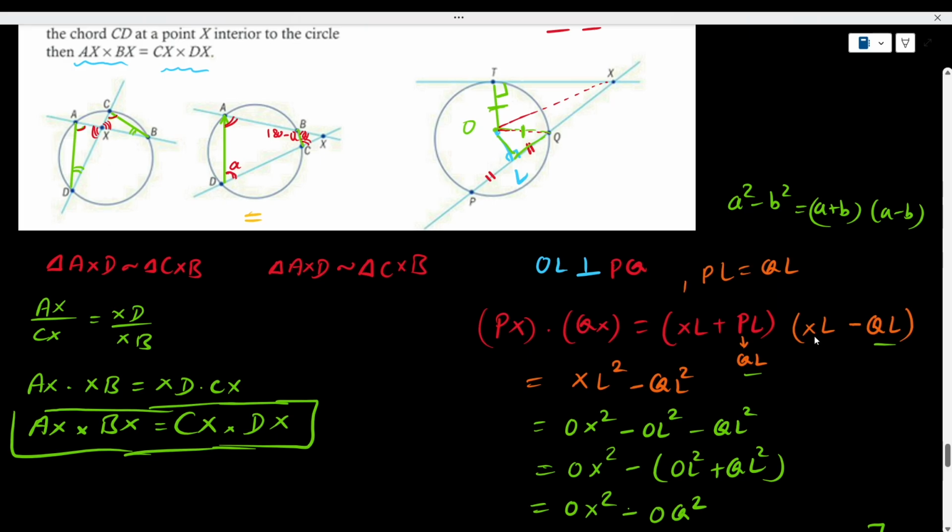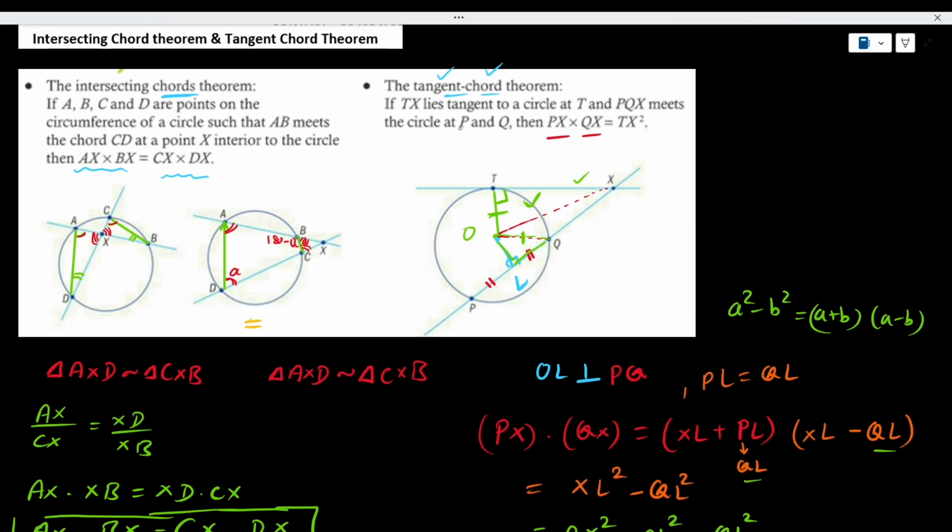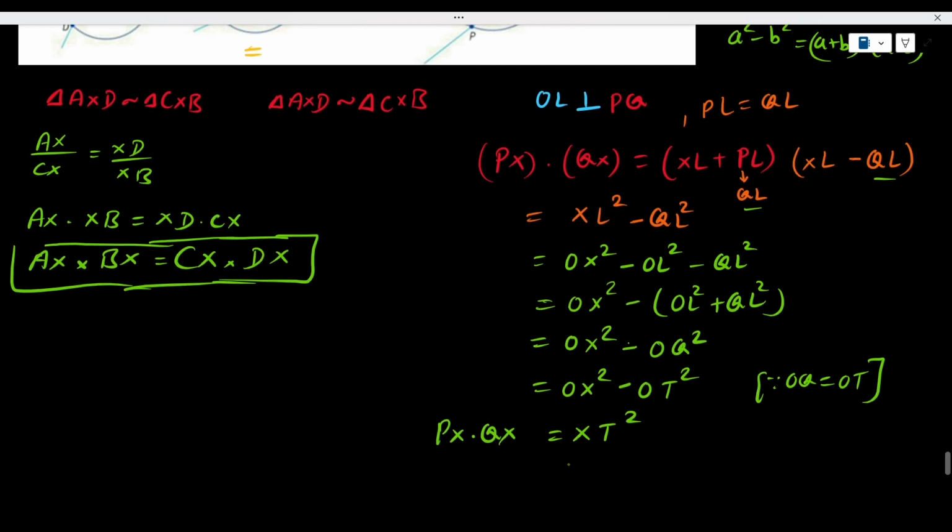OX square minus OT square: it is part of this triangle, hypotenuse square minus OT square equals XT square. So we reach XT square. So PX times QX equals the tangent square, XT square. You are going to use this result to solve the question.